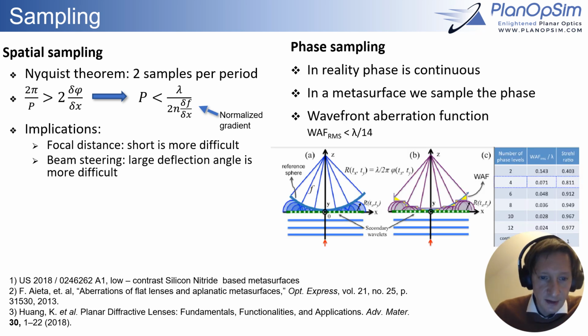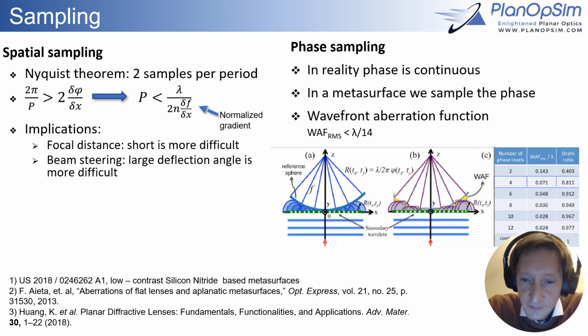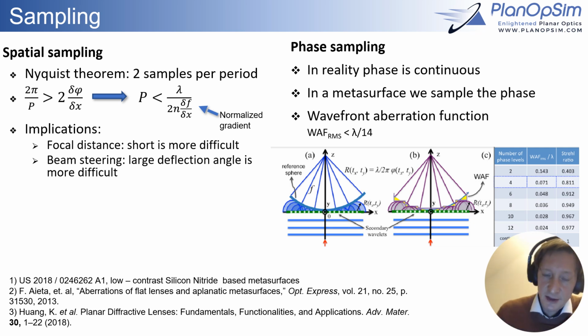There's a second aspect of phase sampling that we need to take into account. In an ideal case, we would be able to have an infinitely fine reproduction of the phase curve, when in reality, when we are fabricating, we are using a finite number of elements, so we are doing a discrete stepping of the phase, and that causes a phase sampling, and this needs to be fine enough so that we have an accurate representation of the metasurface phase that we want.